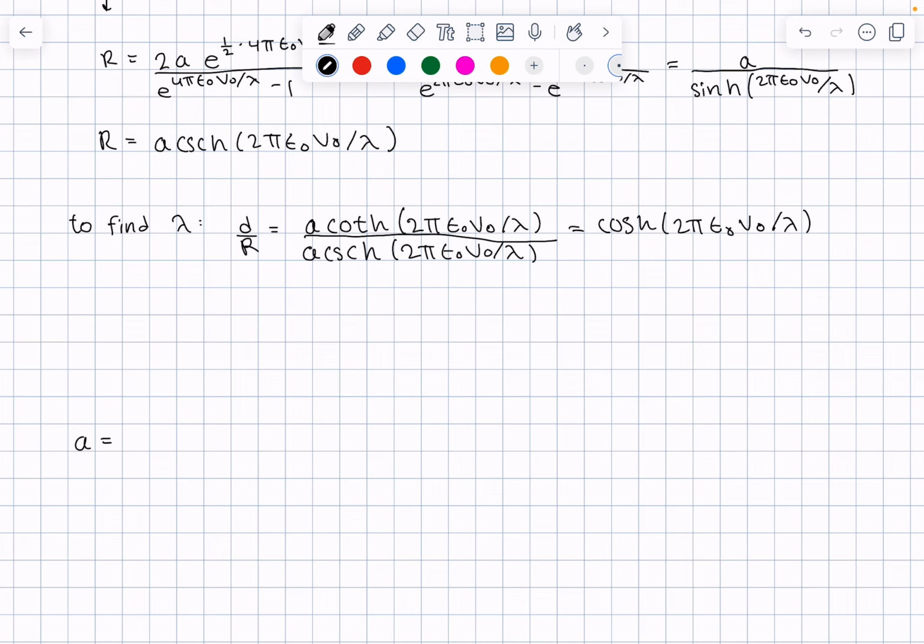And so just solving for that, we find that lambda is equal to 2 pi epsilon naught v naught over the inverse hyperbolic cosine of d over r. And so here, finally, this r is the radius of our copper cylinders, or copper pipes.